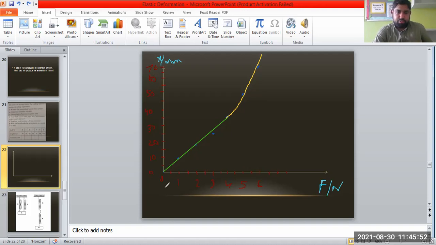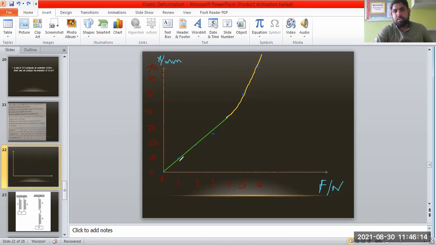इसमें देखें आपने जो डेटा प्लॉट किया है, that is 0 for 0 newtons load. The extension is 0, and at 1 newton load the extension is 9 millimeters.